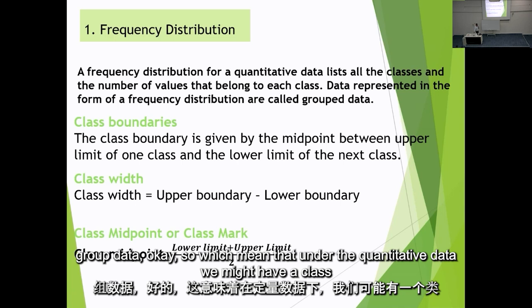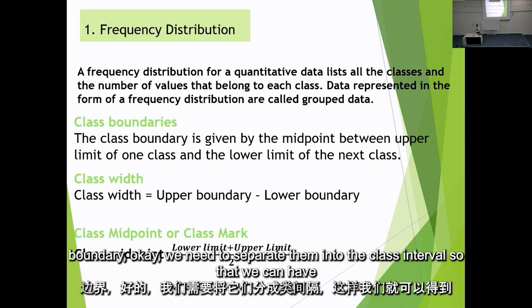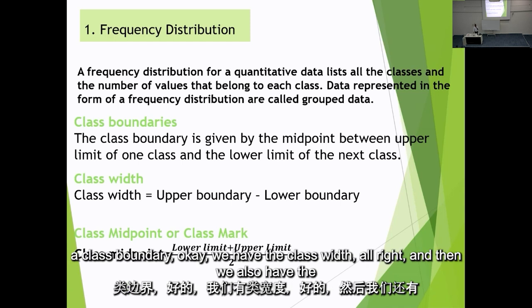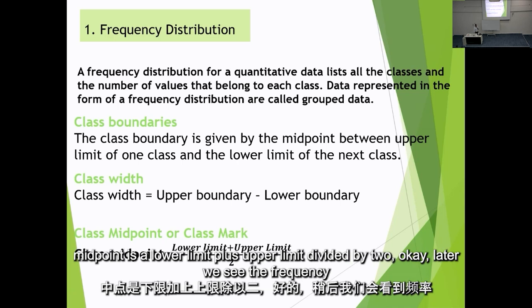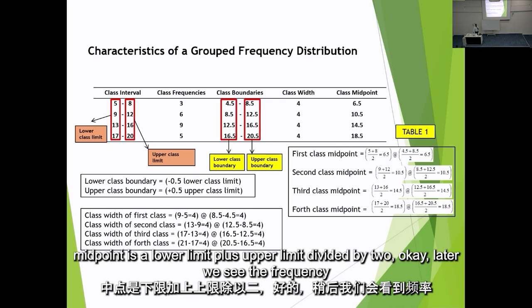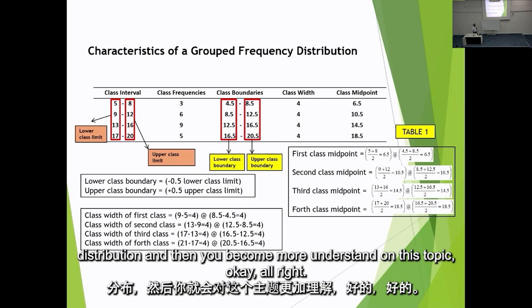Under quantitative data we have a class boundary. We separate the data into class intervals so that we can have a class boundary. We have the class width, and we also have the class midpoint. The class midpoint is the lower limit plus the upper limit, divided by 2. Later we'll see the frequency distribution and you will understand this topic better.